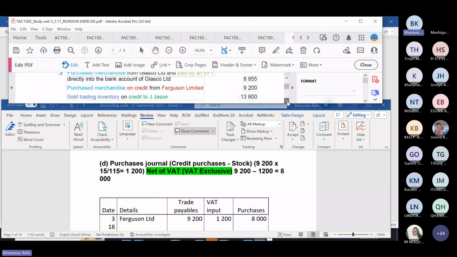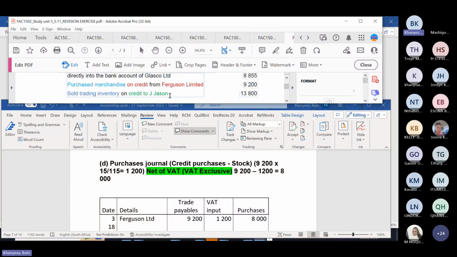On the 3rd, there is a transaction that is missing. Sold on credit to Jason. This is not supposed to be to J. Let me see. Sold on credit to JJC.